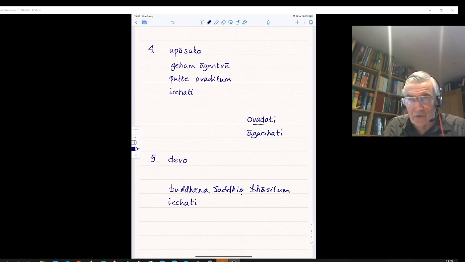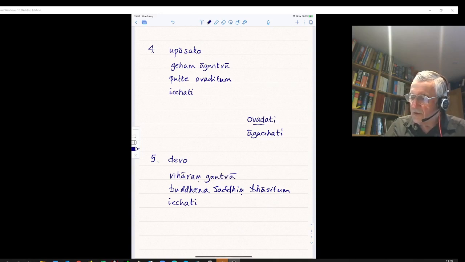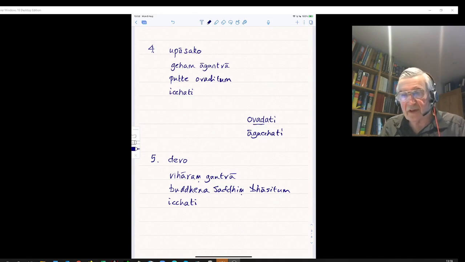So having gone to the monastery is viharangantva. Accusative of motion. So this entire sentence now is Devo viharangantva buddhena saddhim bhasitum ichati.